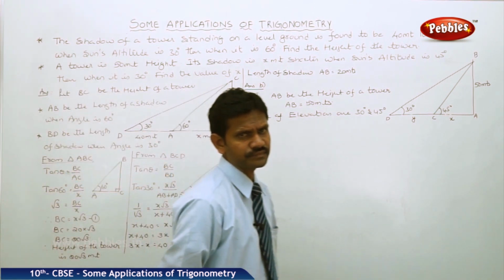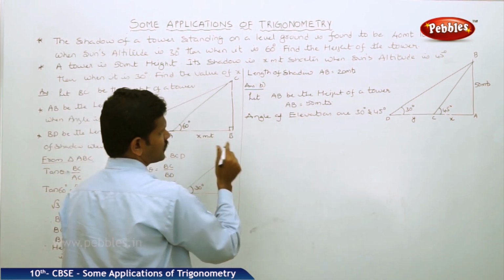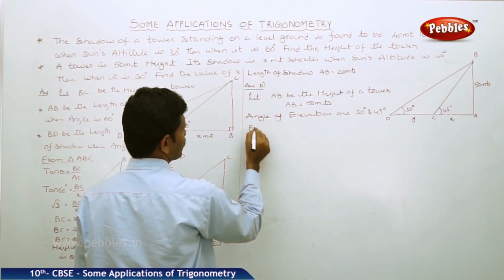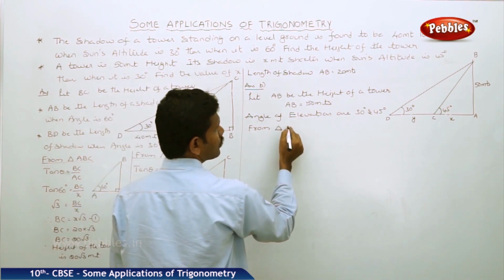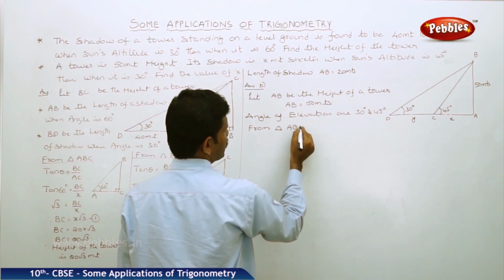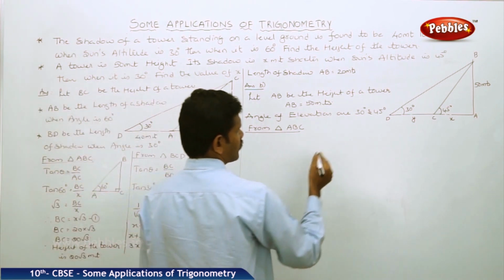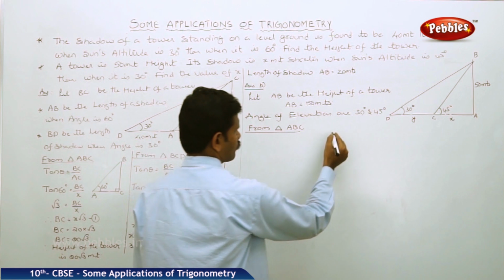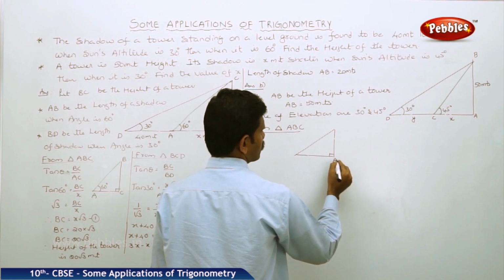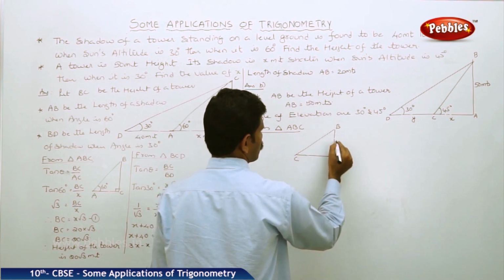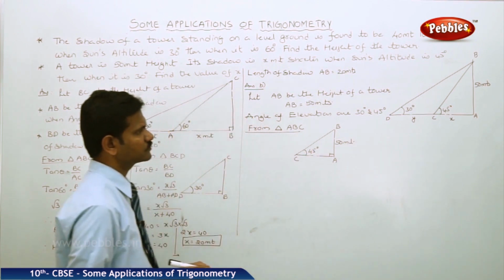Now AD is equal to, first, from triangle ABC, let us consider the triangle ABC, which is 50 meters and makes an angle 45 degrees.